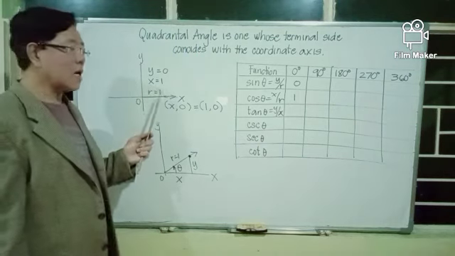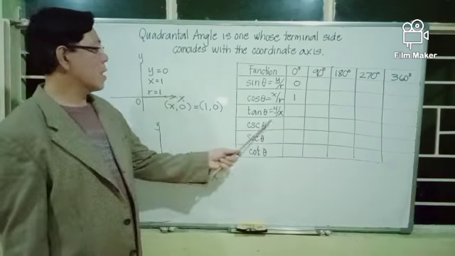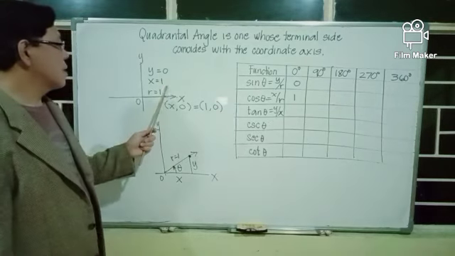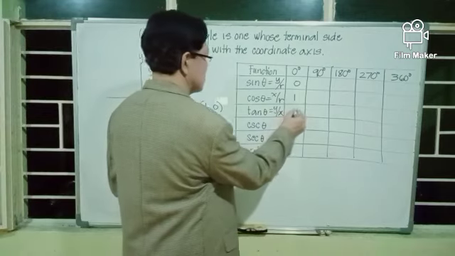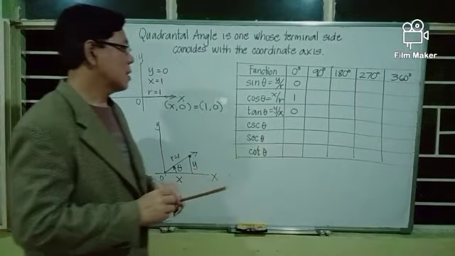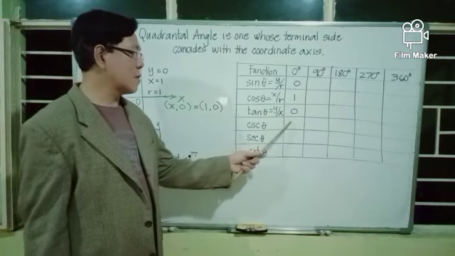For the 0-degree angle, y is 0 and x is 1, and 0 divided by 1 is 0. Hence, the tangent of 0 degrees is 0.